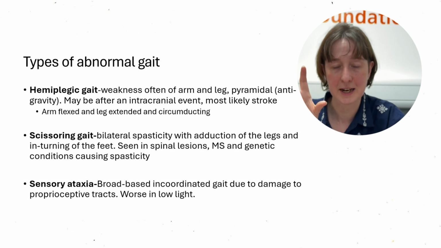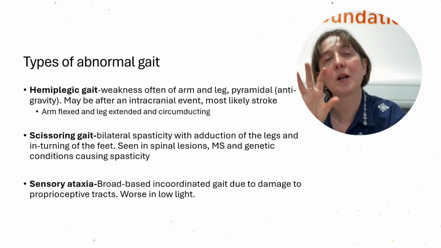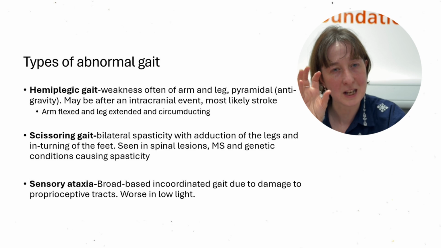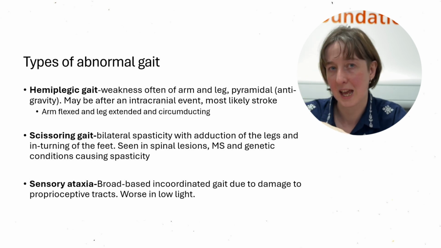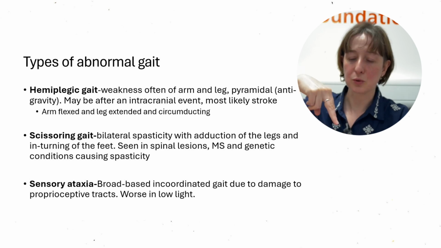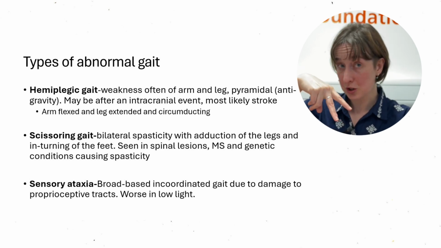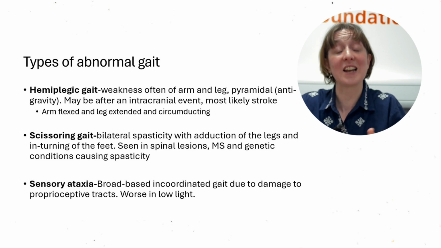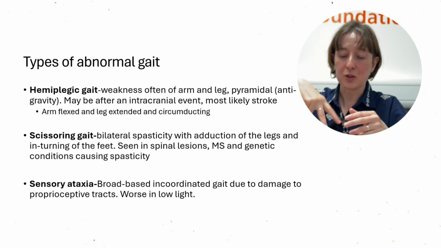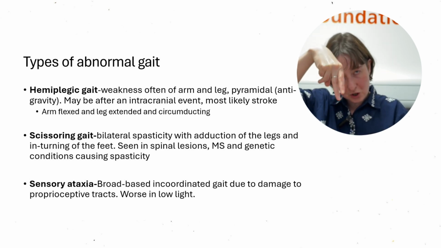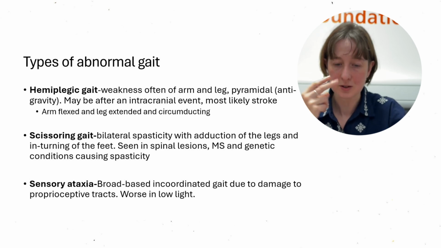A scissoring gait is the gait people have when they have spasticity, or increased tone and increased reflexes, in both legs. Adduction, going inwards, is stronger than abduction, going outwards, so the feet almost cross over each other, like a pair of scissors.